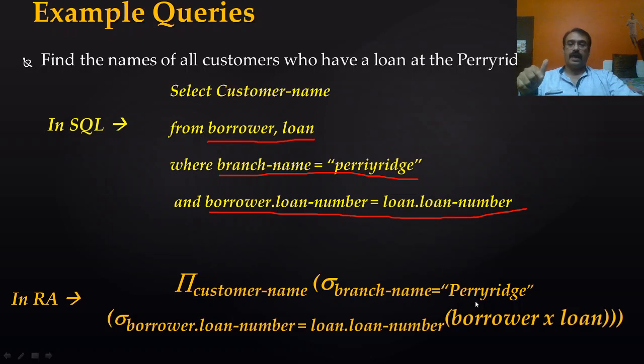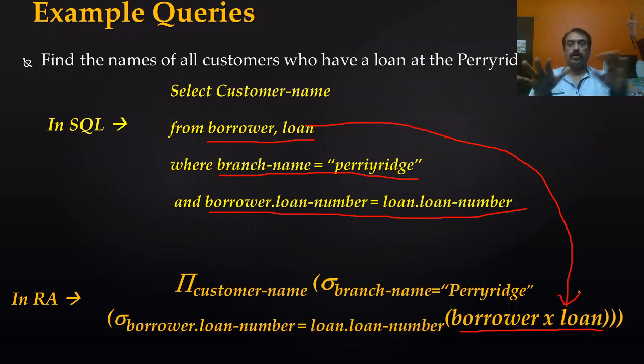The RA expression will be something like this. See here now. Borrower into loan. As we have used two relations, borrower and loan are multiplied together.